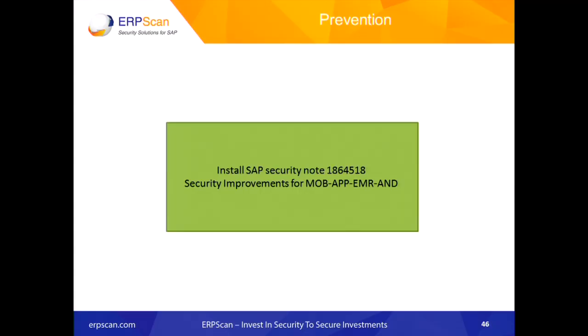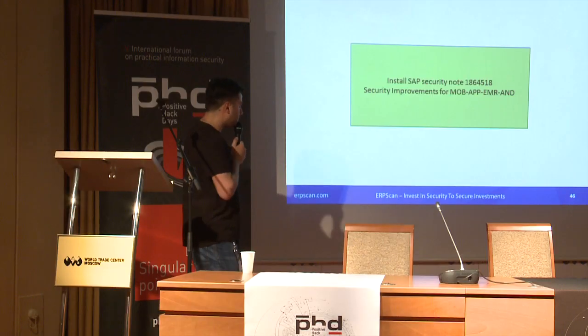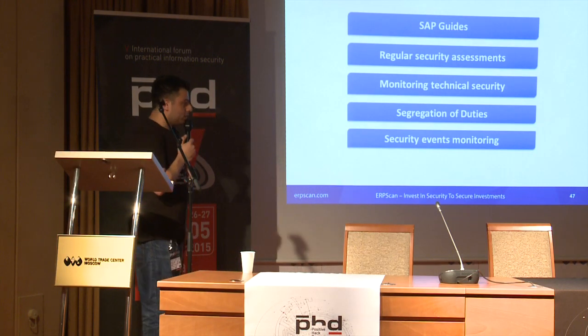In order to fix it, it's recommended to install this particular SAP note 1864518, or to switch on the update of this software, and it will additionally download this update.